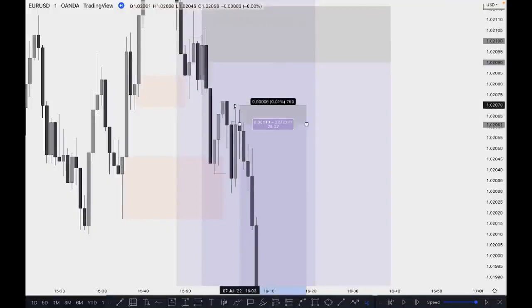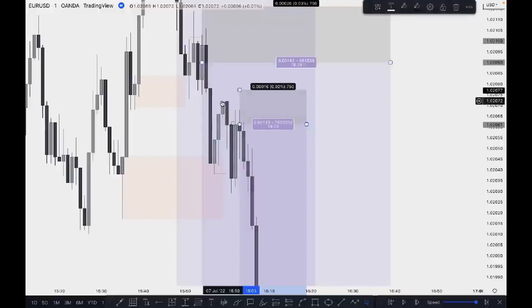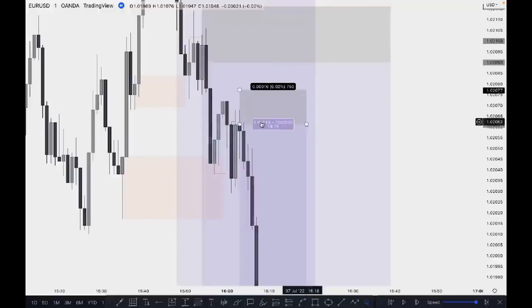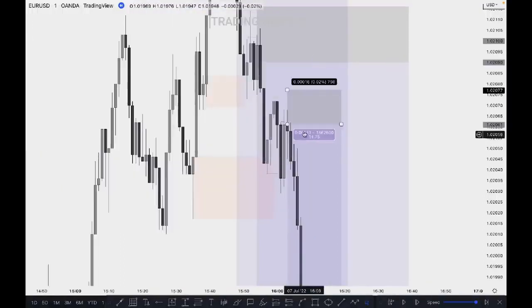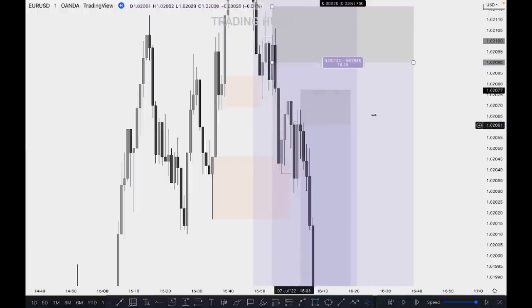We could also put the stop loss just above it, which is less than 1 pip, but that doesn't make sense. So I put the stop loss just above it, which is here, correct? In this case you can see the market completely respected our entry strategy. So this is our next entry, which is we can enter here.